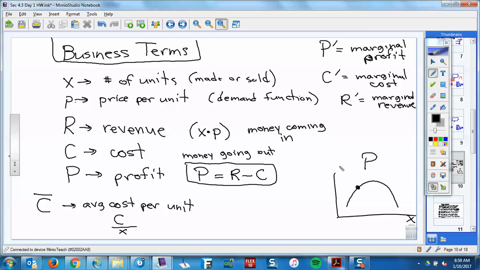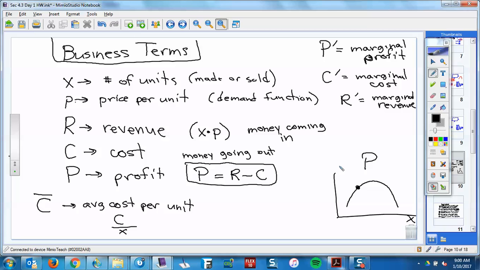If P prime is negative, it means you're making too many, right? Maybe by producing that much, you had to open a new building, or you had to pay overtime to your workers, or whatever, and so your costs are now exceeding that, and your profits actually go down.